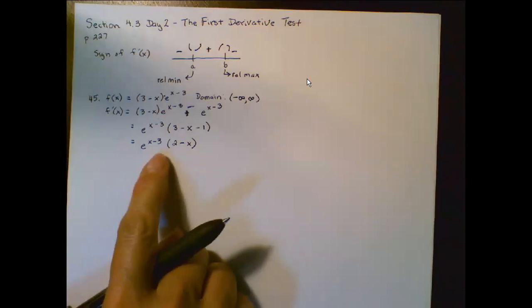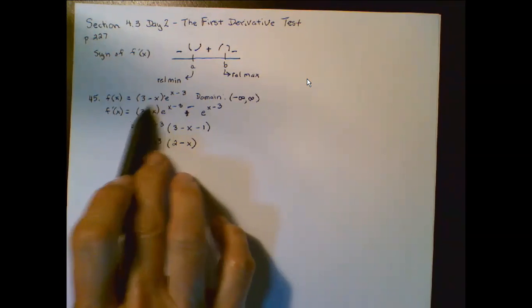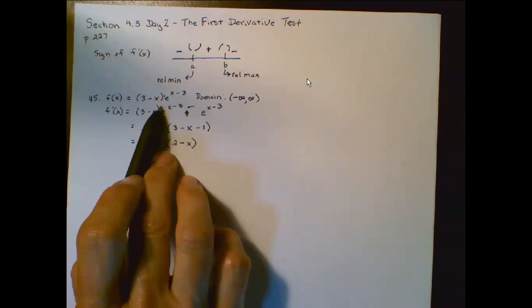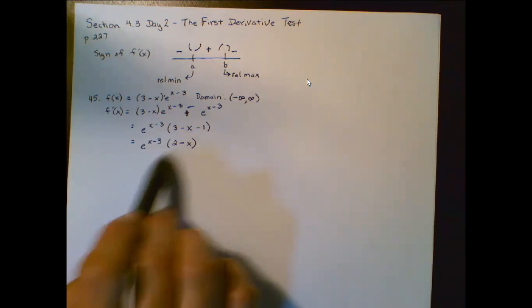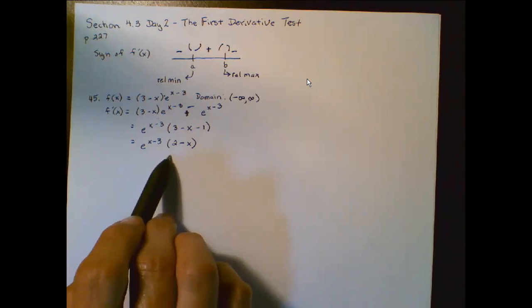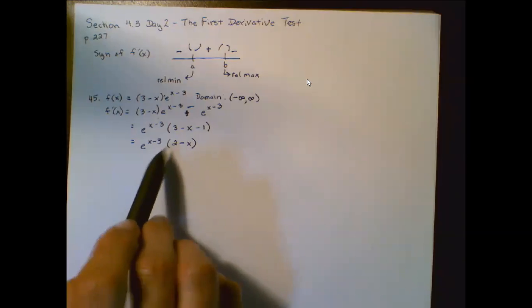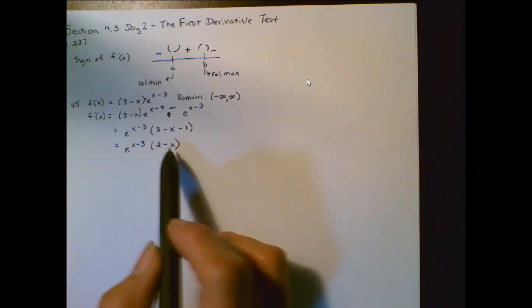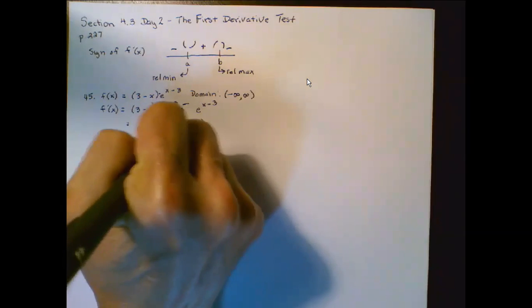Anything that makes this 0 or undefined will be a critical number because the function is defined for all values of x. All right, so is there anything that makes the derivative undefined? No. So we're only looking for what makes the derivative 0. And if I have something factored and set it equal to 0, then I just set each factor equal to 0.